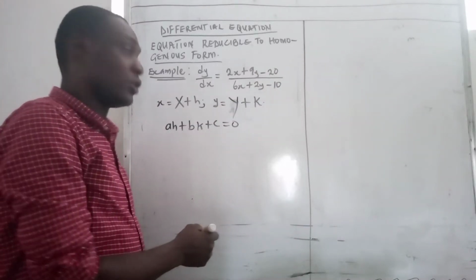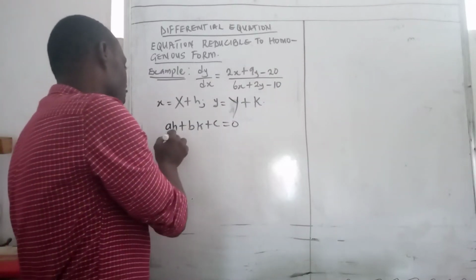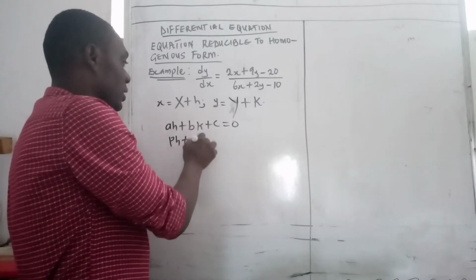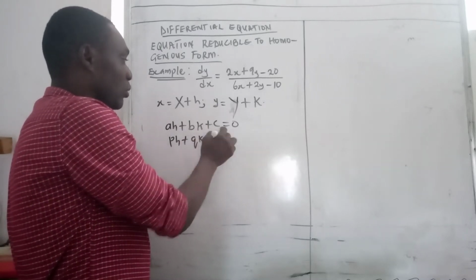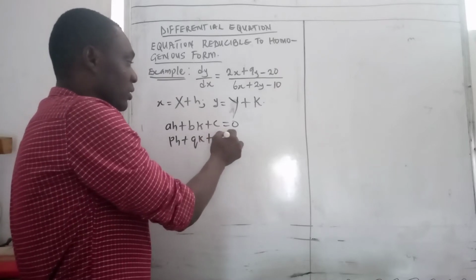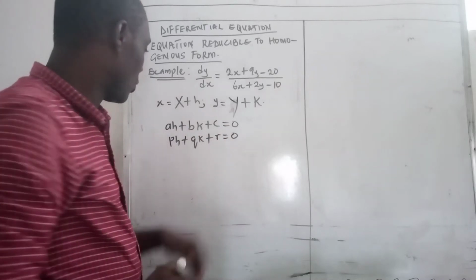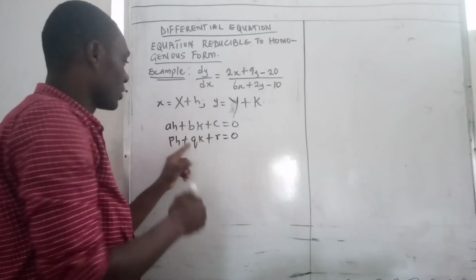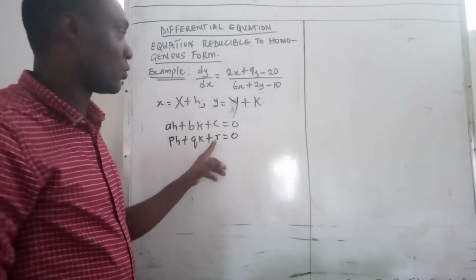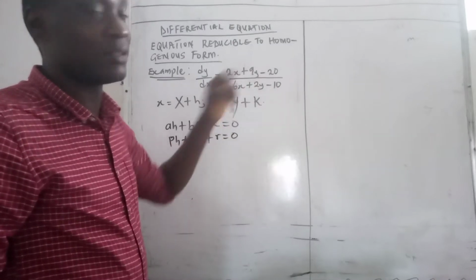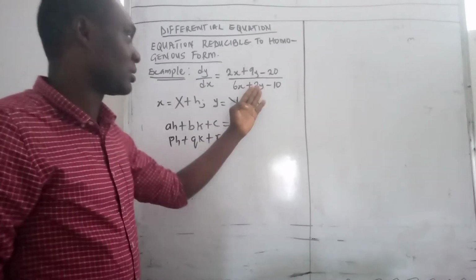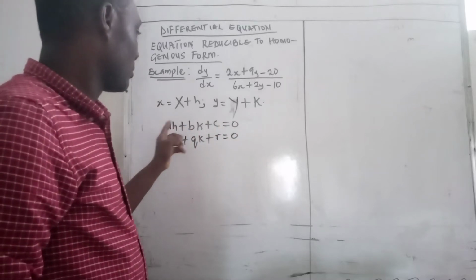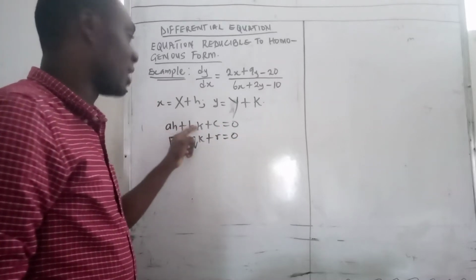Then for the denominator, I'm going to use the substitution ph plus qk plus r equals 0. So your p, q, and r are simply the constants 6, 2, and minus 10. So let's substitute this into this equation. Then we'll solve for h and k.